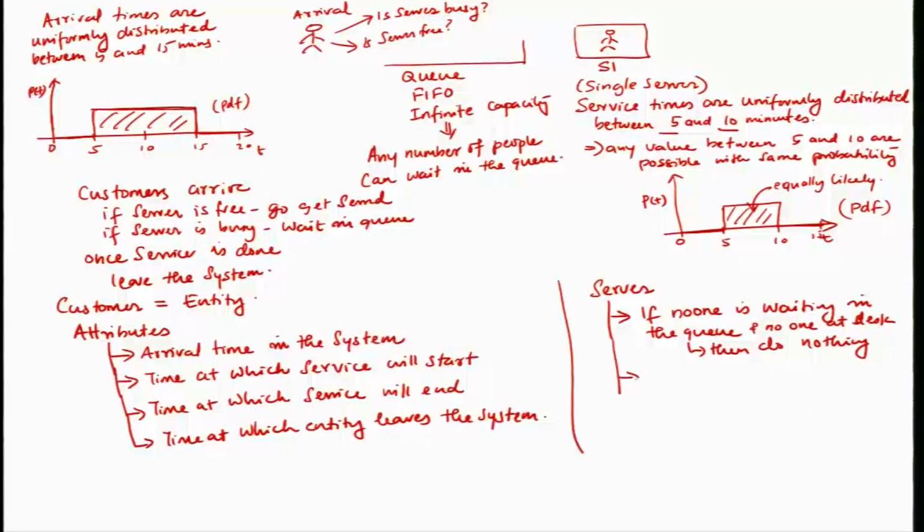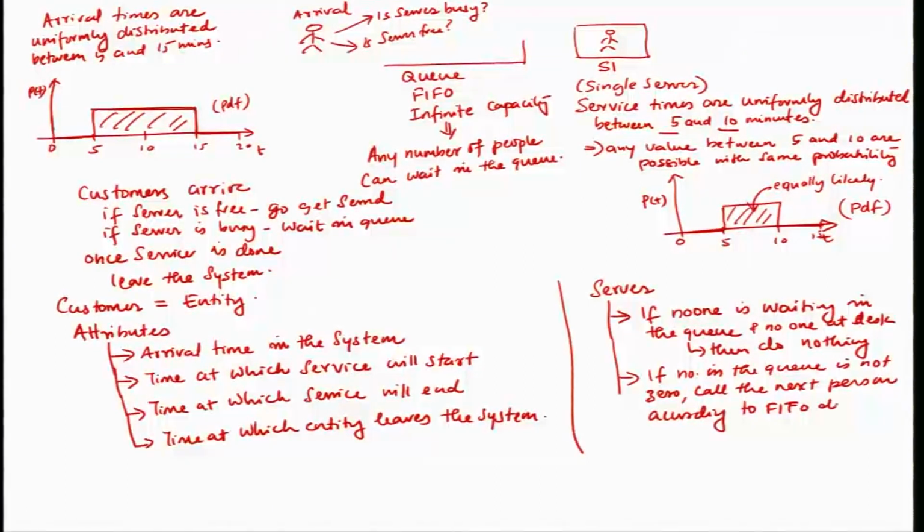Other option is, if number in the queue is not 0, call the next person according to FIFO discipline and continue service.